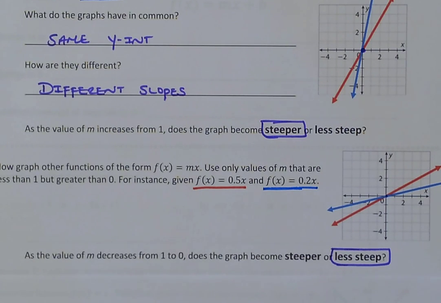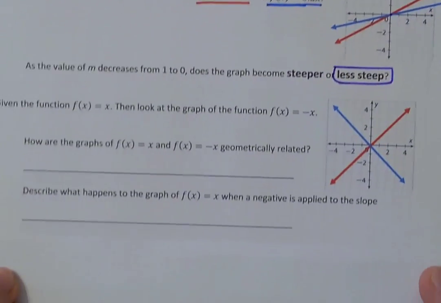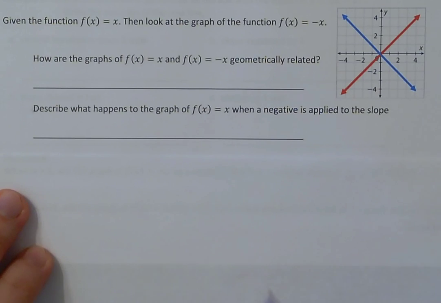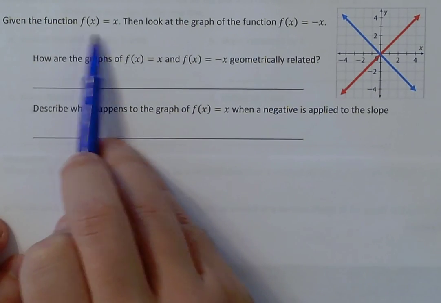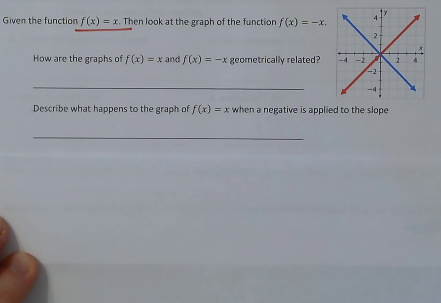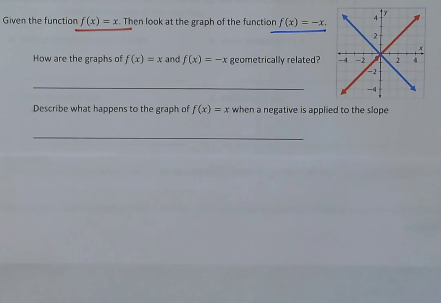All right, now, before we wrap up and go into our examples, there's one last part to talk about, and that's when the sign in front of x changes. This part talks about if we are given the function f of x equals x, that's our red line in this graph, and then we look at the graph of the function f of x equals negative x, the blue line, what is happening?